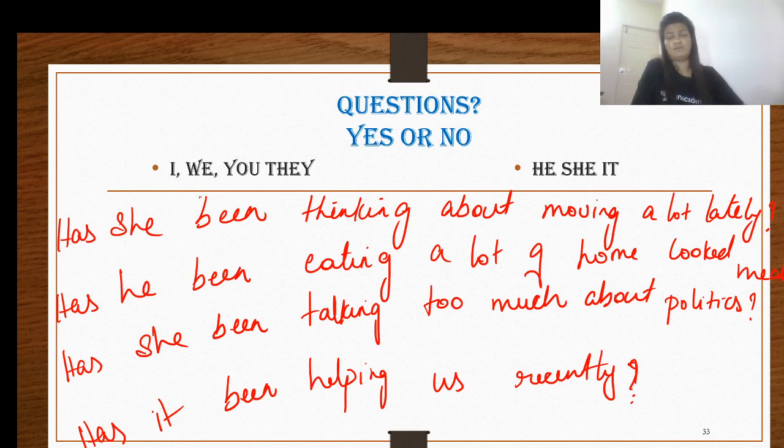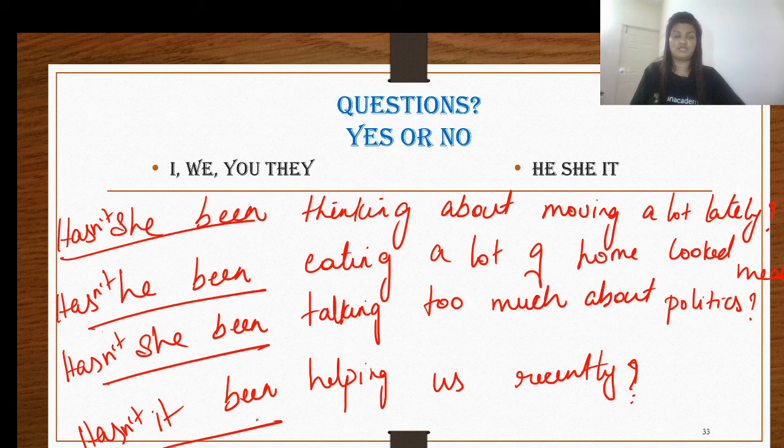Has she been thinking about moving a lot lately? Has he been eating a lot of home-cooked meals? Has she been talking too much about politics? Has it been helping us recently? Or if you want to negate it, you can definitely say hasn't she, hasn't he, or hasn't it been helping us recently? So that's the usage that you use with the change of the subjects to negate or to ask yes or no questions.